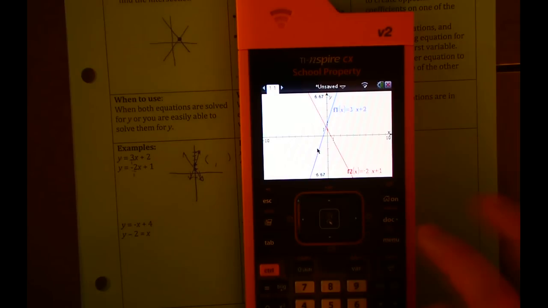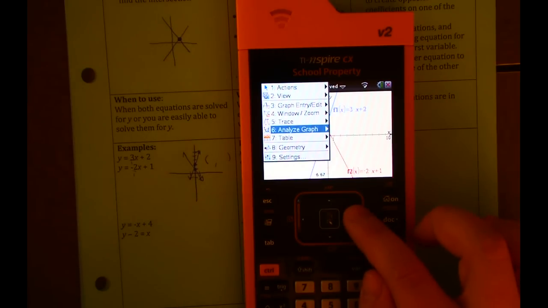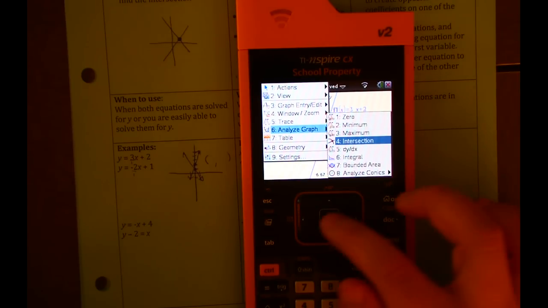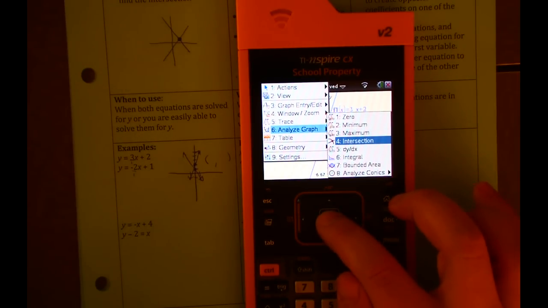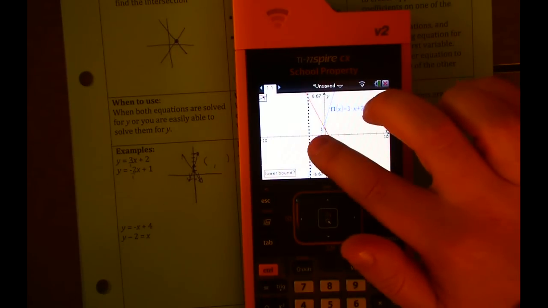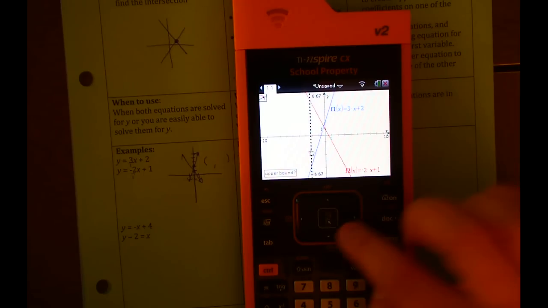So I'm going to go to Menu, Analyze Graph, number 6, and then I'm going to go down to number 4, Intersection. And so now it has that same vertical dotted black line. I'm going to be to the left of the intersection and click the grabby hand right there. That's kind of like a little picture of a grabby hand.